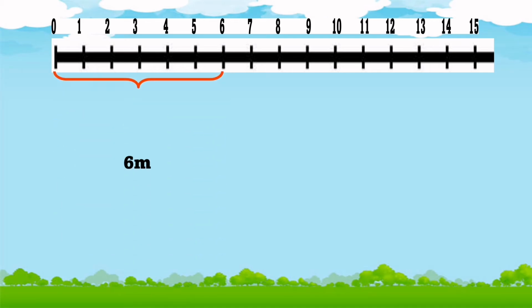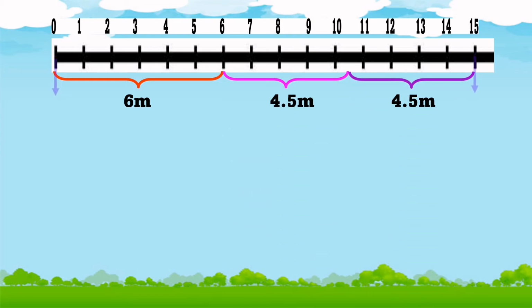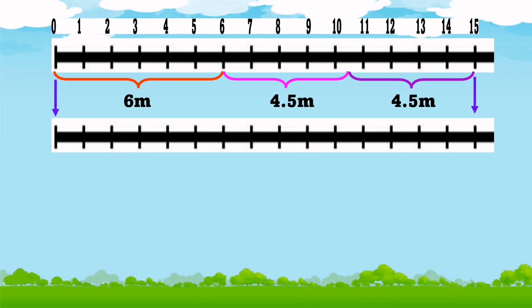So 6 meters and 4.5 meters of yarn. She wants to cut them into 1.5 meters each. So for 6 meters, she can have 1, 2, 3, 4 1.5-meter cuts from 6 meters.